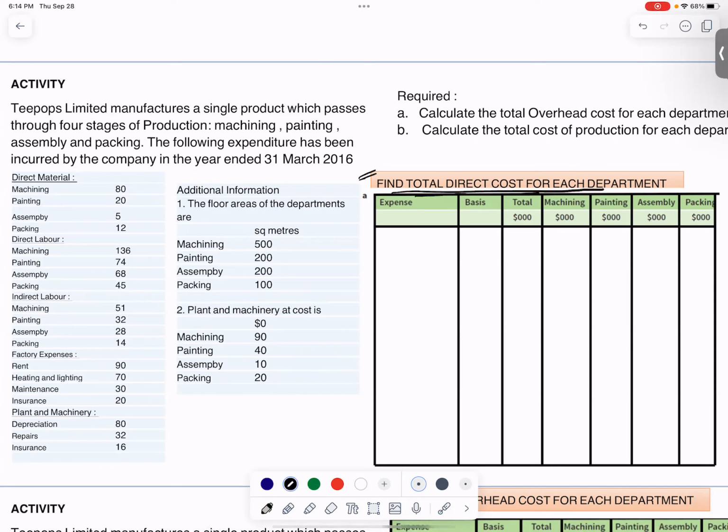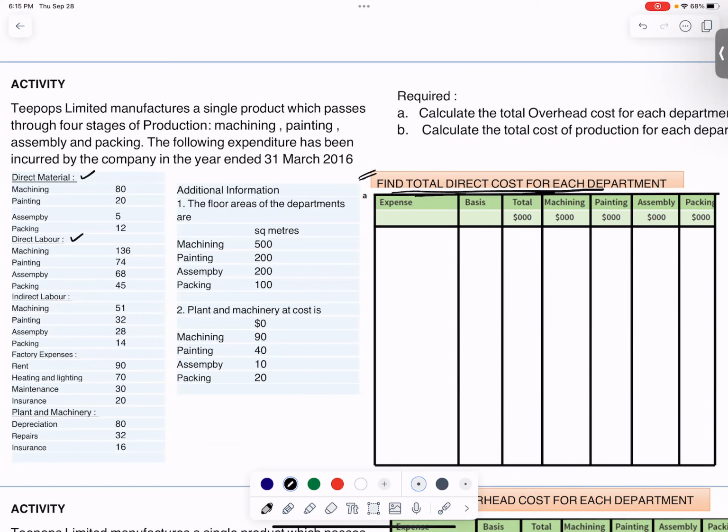They want us to find the total direct cost for each department. What are the direct costs that I have? Direct labor and direct material. That is it.